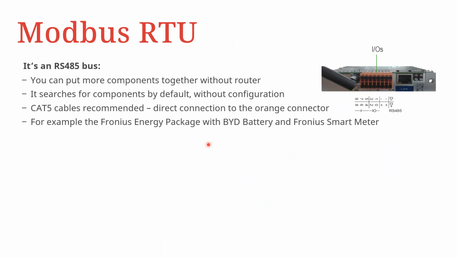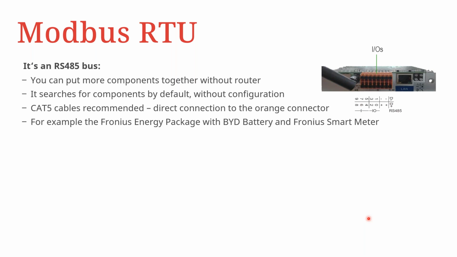So for the Modbus RTU, I just want to give you extra information about it. Using the Modbus RTU, it's important for us to know that this is strictly an RS485 protocol bus, so you can put more components together without using a router. Once this is done, it is possible to search for components by default without any special configuration.